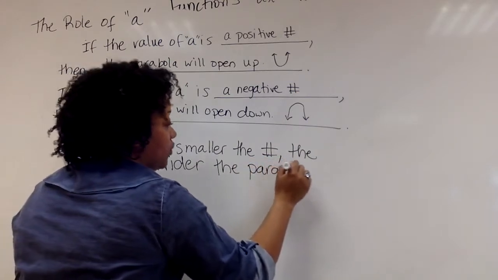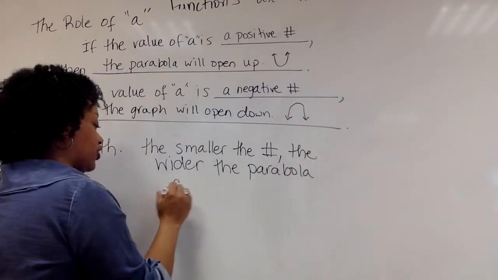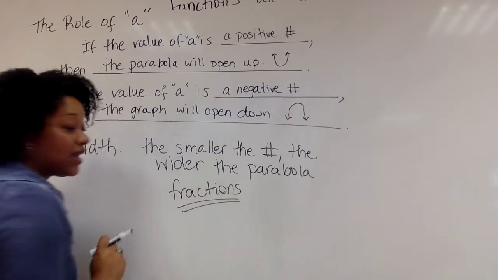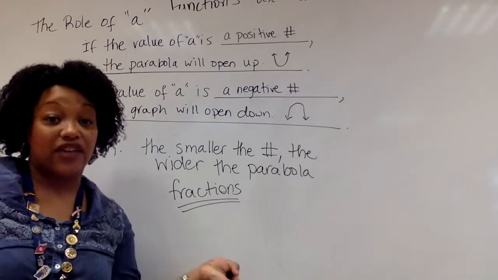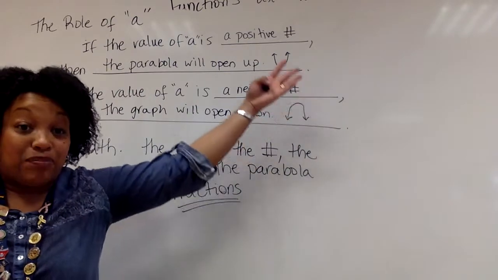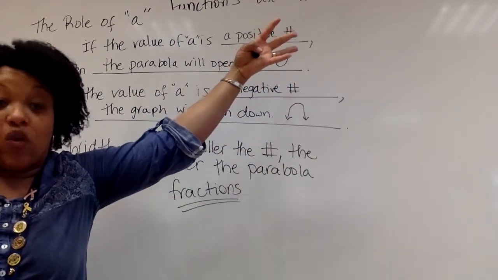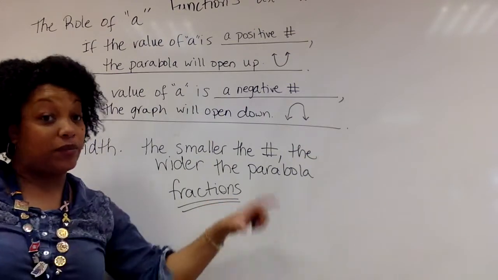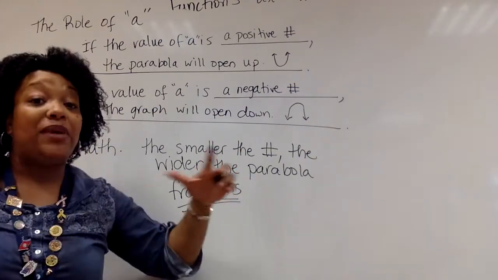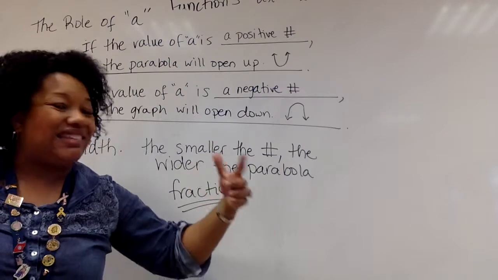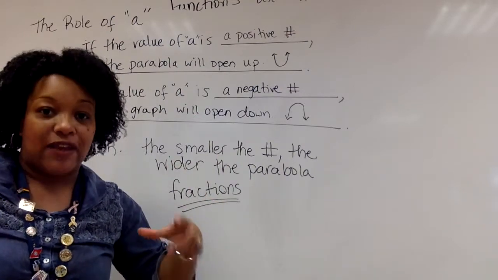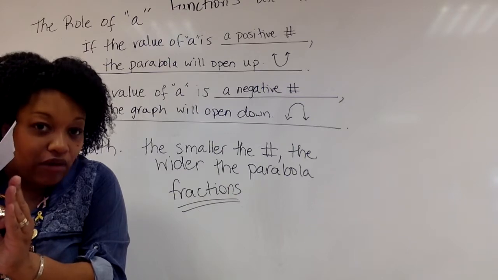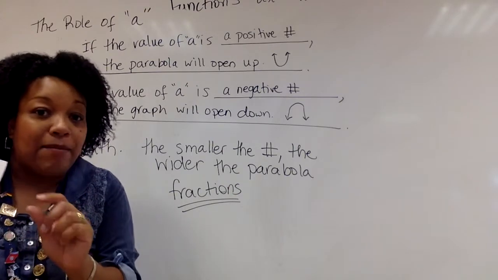So we're talking fractions. When I give you a fraction, you got to know it's going to be a nice, big, wide parabola. If it's a big number, like 10 or 7, it's going to be a skinny mini parabola, very, very narrow, okay? So keep that in mind.